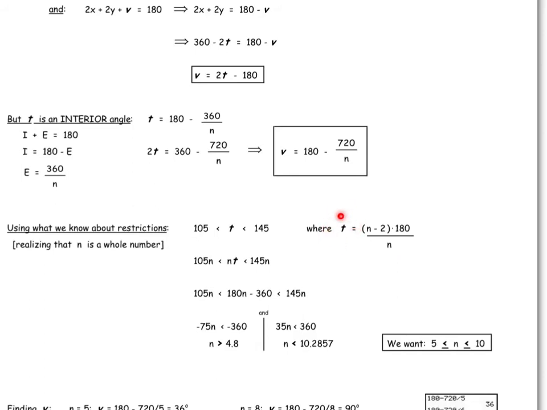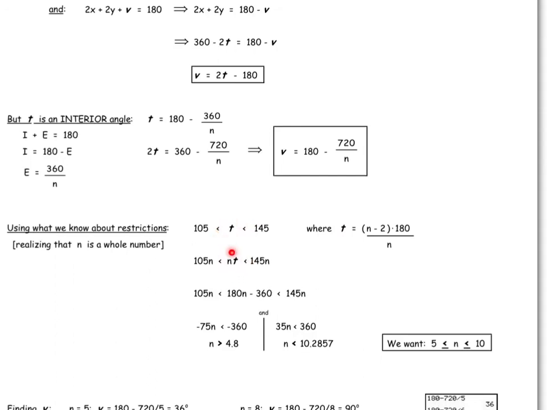So I'm now going to take this equation, and I'm going to multiply both sides by n to get rid of the fraction. So that I have that n times t is going to equal n minus 2 times 180. So since n times t is the way my equation is written, I'm going to now adjust this formula to have an n in it.